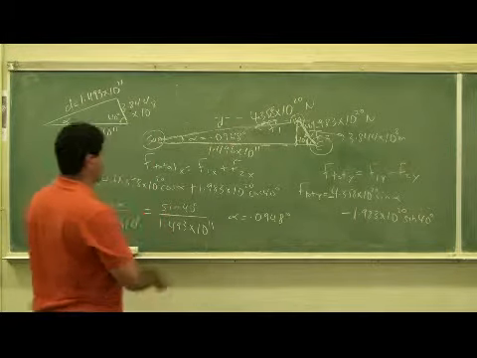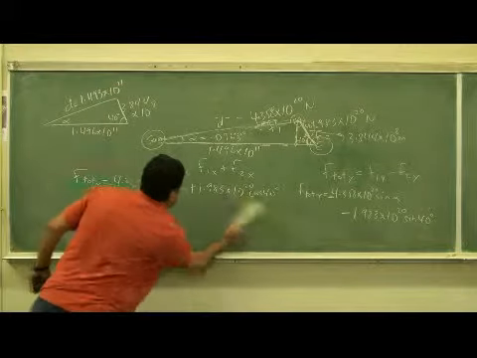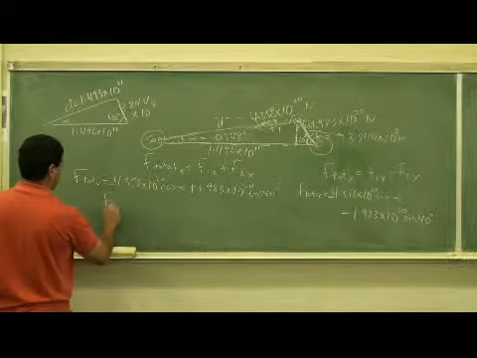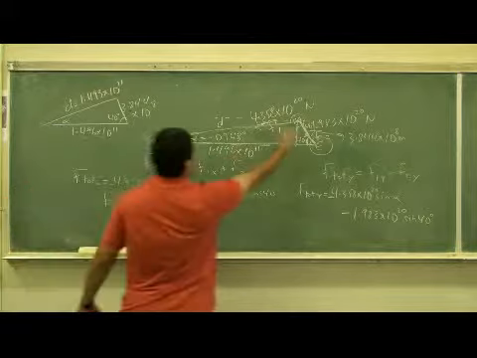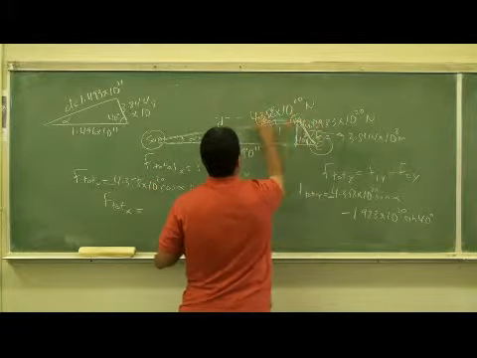Okay? So now we can take that 0.0948 degrees and put it here, cosine of alpha. So here, F total x. Remember, this one was negative because it went to the left. This one was positive, it went to the right.